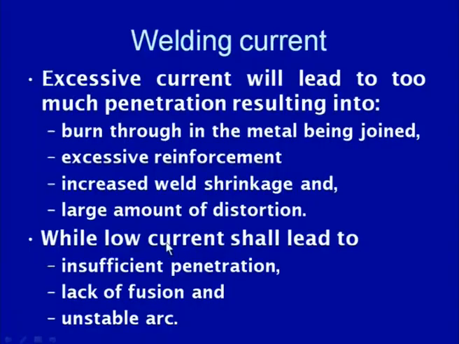So, with increased welding current there is increased weld shrinkage, and at the same time a large amount of distortion, because the increase in heat input by increasing the welding current increases the area being heated during the welding, and so the increased expansion and contraction leads to an increased amount of distortion in the weld joint after the welding. While low current can lead to insufficient penetration due to the lack of heat needed for melting the base metal to the desired depth, or lack of fusion when there is insufficient melting of the faying surfaces of the base material, or even an unstable arc.